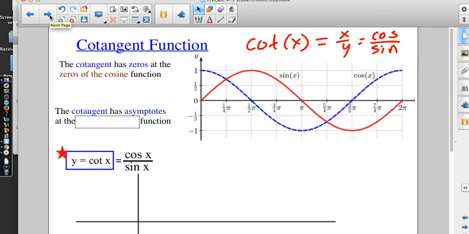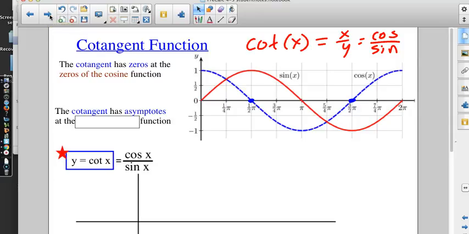Because with cosine it's x over y, and x is cosine. So looking at cosine, I see a 0 at pi over 2 and a 0 at 3 pi over 2. Well, that's where the asymptotes were for tangent. So those have switched positions because we're turning it upside down.